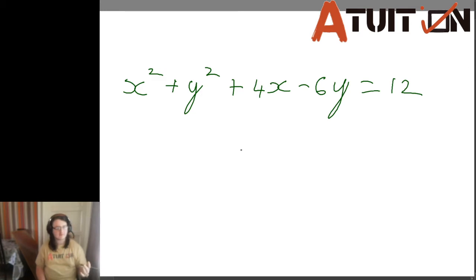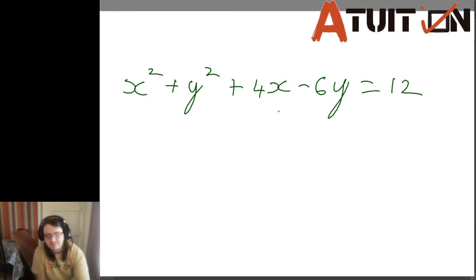First of all, it makes some kind of shape on a graph. What kind of shape is it going to make? You can probably guess, it's going to be a circle. The title of the video is circles, I suppose. So we're going to see how this makes a circle. We're going to look at the standard equation for a circle, and what information we can get from it. So apparently this makes a circle.